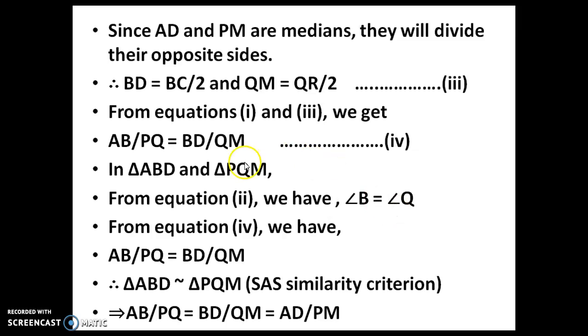This equation shows that these two sides are proportional. Two sides are proportional and one angle is equal, so we can use SAS similarity criterion. The two triangles are similar, so their sides are proportional. So this is the proof of this problem.